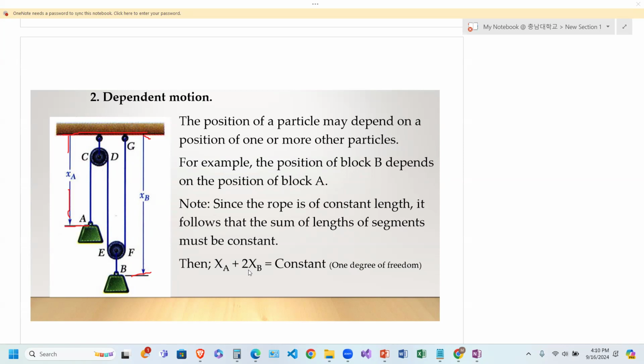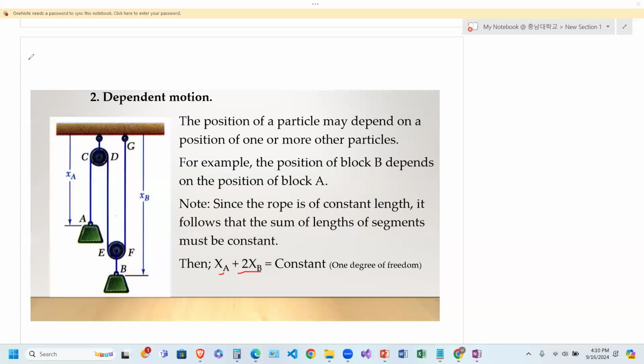So that means X_A plus twice X_B is equal to a constant. We are going to see that. Also, there are some videos that I'm going to share that will help you understand more of this, because I may not explain everything. So that's why we have X_A plus twice X_B equal to a constant, and that represents 1 degree of freedom.